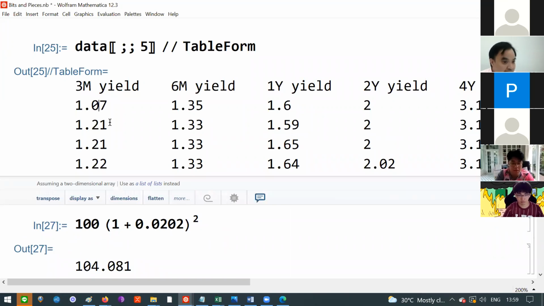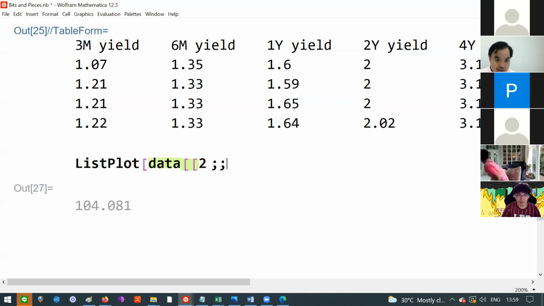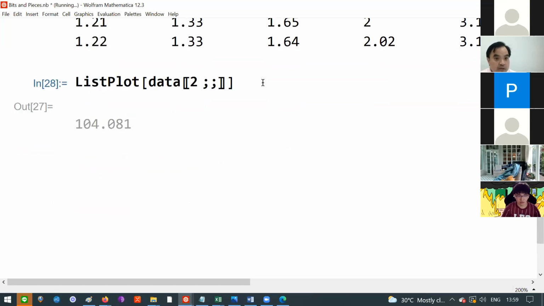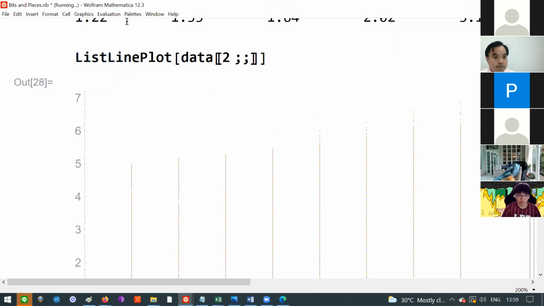Now, the day after, this market has moved. So let's look at list plot. List plot the data, right? Because we don't need the first one. Actually, list line plot, sorry. List plot doesn't look nice, so let's look at this line.